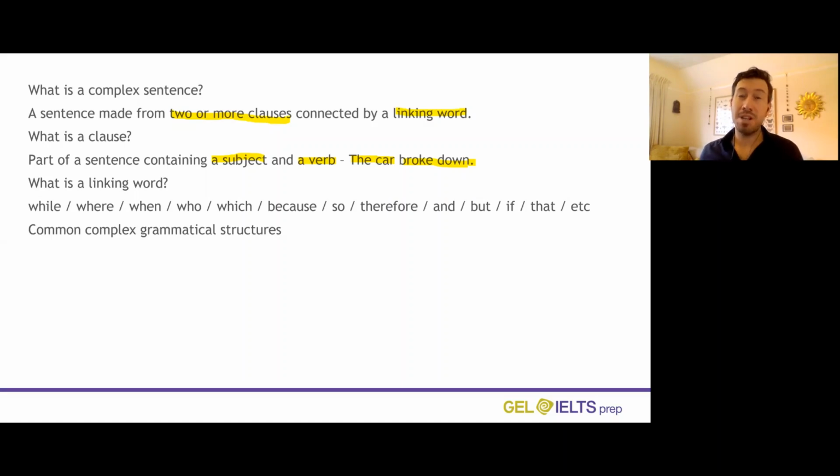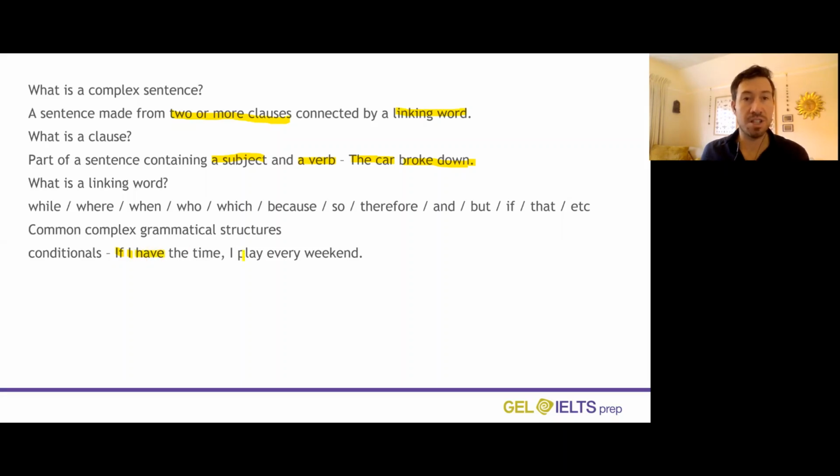So there's some common complex grammatical structures that you might be familiar with and that could be used in your speaking. For example, you might have conditionals. So conditionals are the if clauses. And we can see in this sentence, we have one clause here because it has one subject, I, and one verb, that's have.